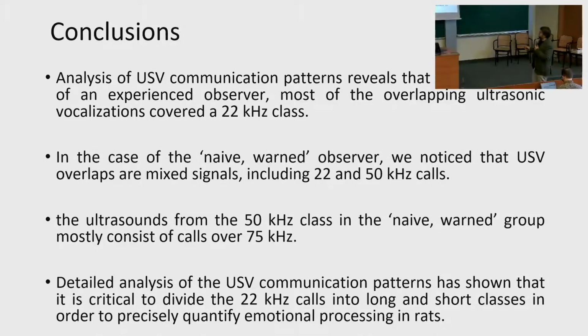In the case of the naive warned group observer, we noticed that USV overlaps are mixed signals, so 22 plus 50 kilohertz. The sounds from the 50 kilohertz class in the naive warned group mostly consist of calls over 75 kilohertz. And detailed analysis of ultrasounds showed that it's critical to divide 22 kilohertz into long and short classes.